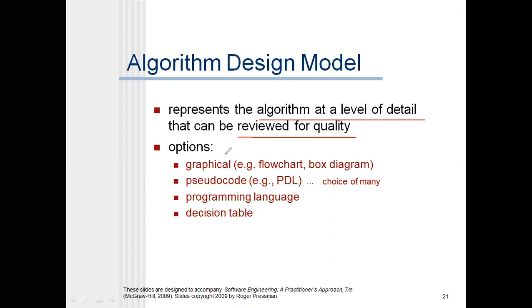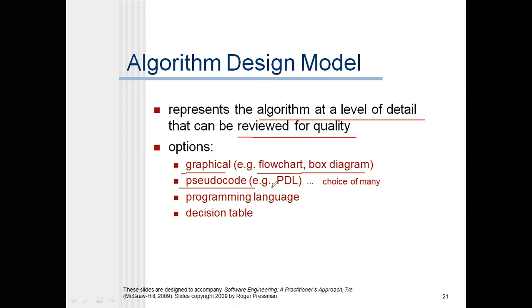So how is this algorithm represented? Here we have some options for implementing level by level. First one is the graphical representation. In the graphical representation you may take a flowchart representation or box diagram, and otherwise pseudocode representation.